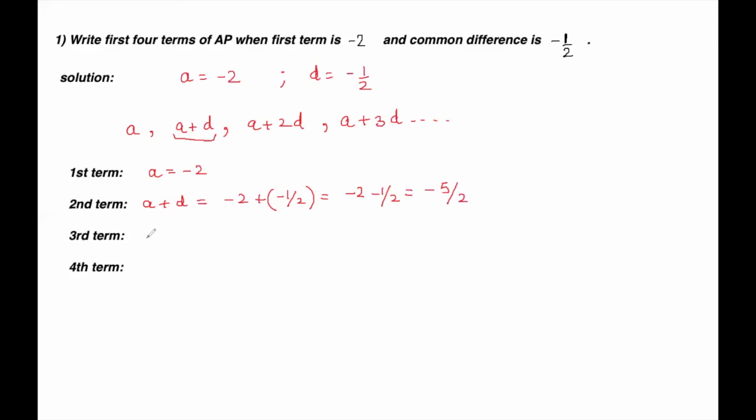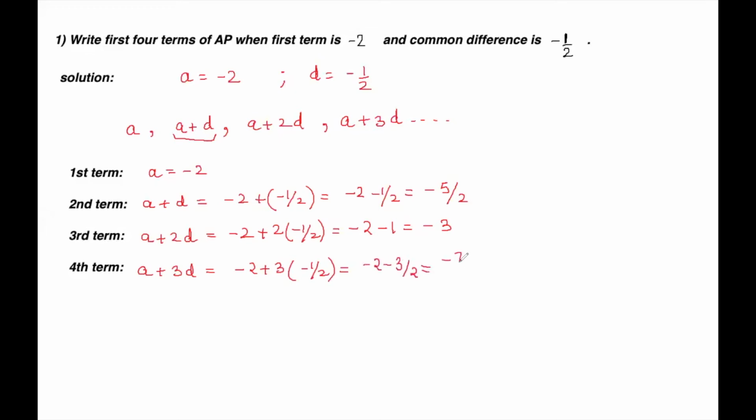Now we'll evaluate the third term that is equals to A plus 2D. Okay, so I'll put the values. So it would be minus 2 plus 2 into minus 1 upon 2. This is equals to minus 2 minus 1, that is equals to minus 3. Now we'll evaluate the fourth term that is equals to A plus 3D, that is equals to minus 2 plus 3 into minus 1 by 2, and when I'll evaluate it, it would be equal to minus 2 minus 3 by 2, that is equals to minus 7 by 2.